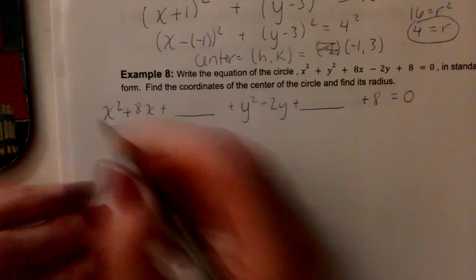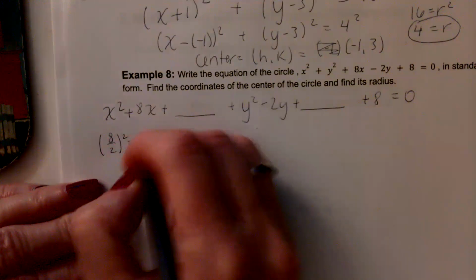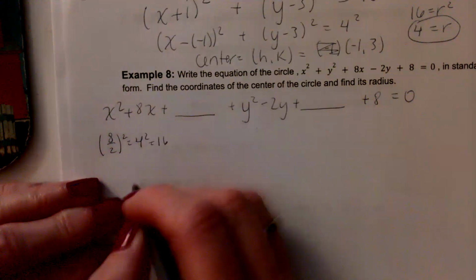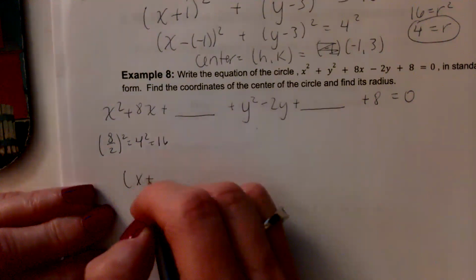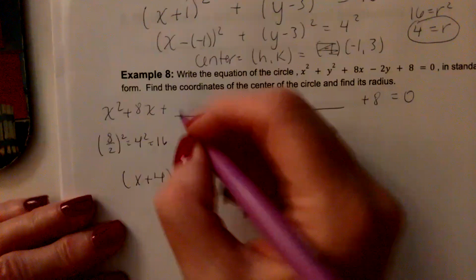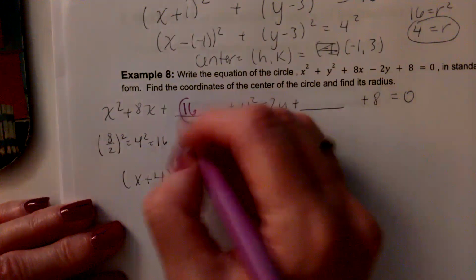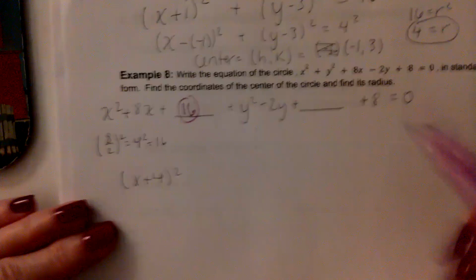So this is going to be 8 divided by 2 squared, or 4 squared is 16. So the 4 is my perfect square. It's going to be x plus 4 squared. But I have to write what I'm actually adding, which is 16. Because I have to add it to the right as well.